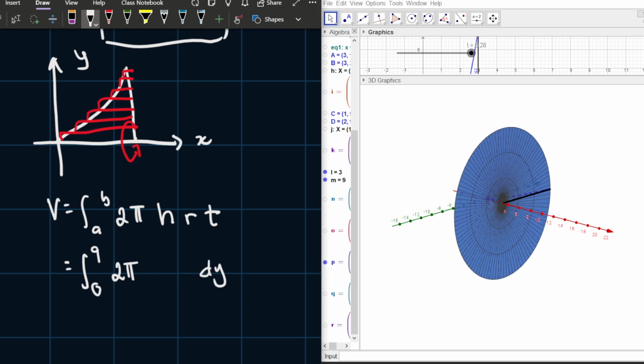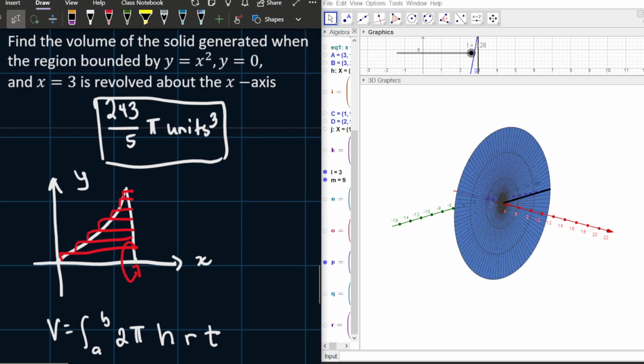Okay, so again, since horizontal, may clue na agad na dapat yung integral natin ay in terms of y. So, si y equals x squared, we're going to write it as x equals square root of y. Okay? X equals square root of y.